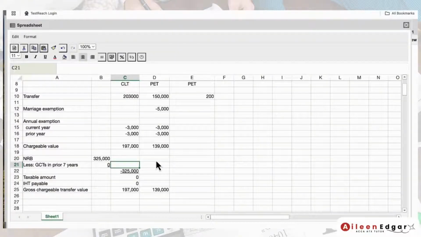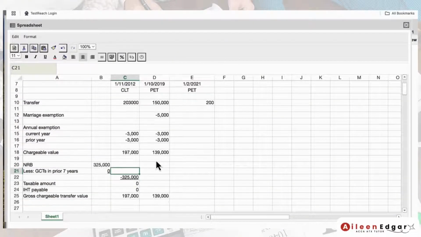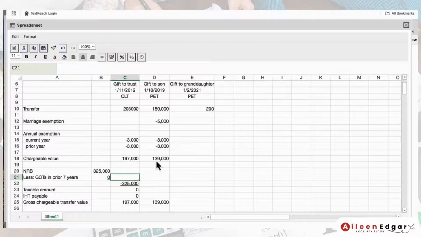So for our PET that we're making in October 2019, we are just going down to this 139,000 value. We still apply the annual exemptions even though there's not going to be any tax payable at this point in time, but the annual exemptions still apply against transfers regardless of whether they are PETs or CLTs.